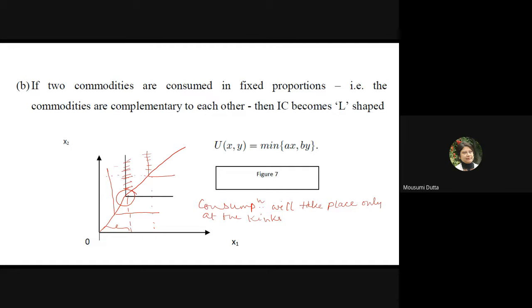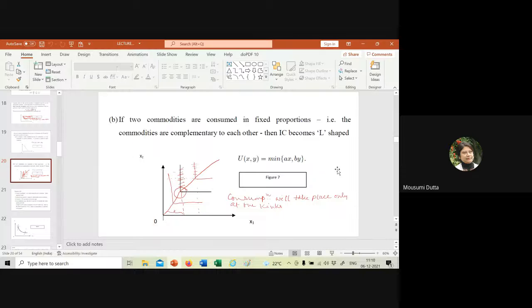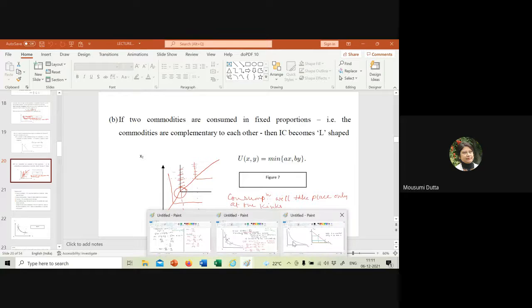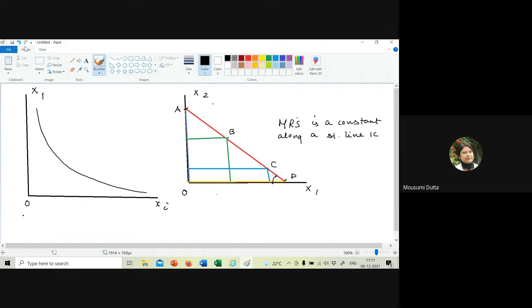For 2 slices of bread, I can use a particular amount of butter. More butter will be redundant to me. So this is the idea. The commodities are consumed in a particular proportion. If this happens, the indifference curve becomes L-shaped. Let's see what is happening here.